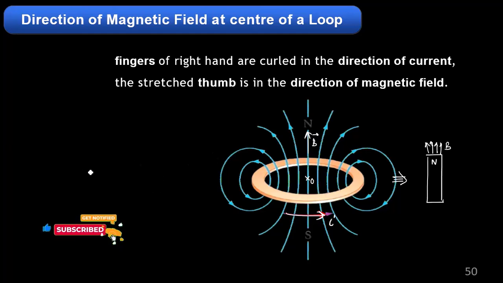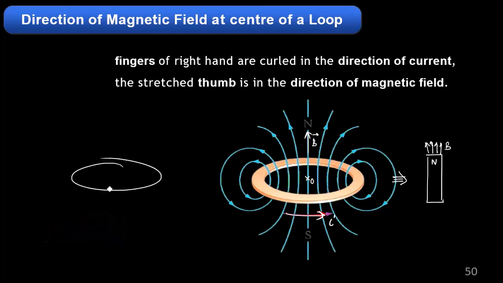If I reverse the current direction and fold my fingers along this direction, the thumb will now point downward. So downward is the direction of the magnetic field at the center. If I move away from the center line, the field line will be bent; it will not be a straight line but a curved line.